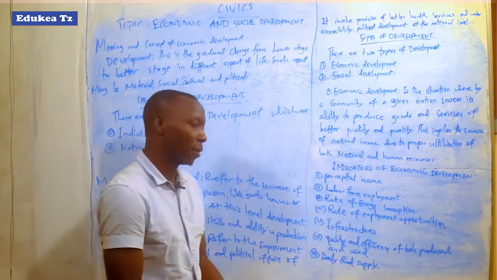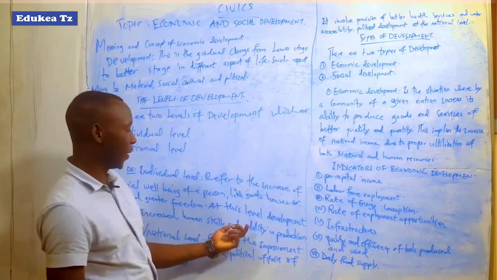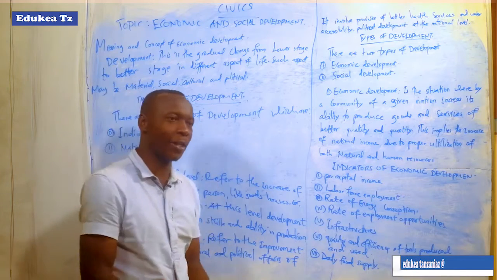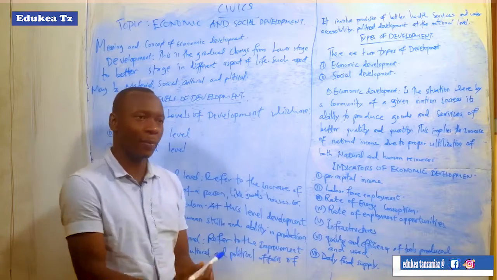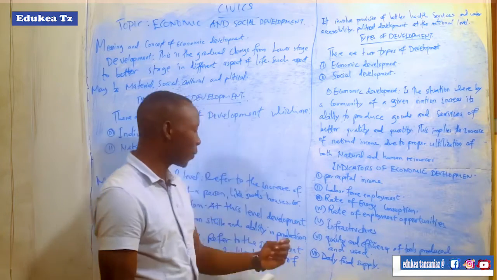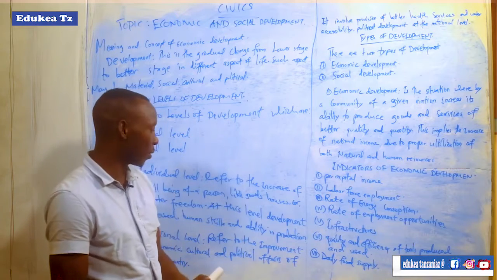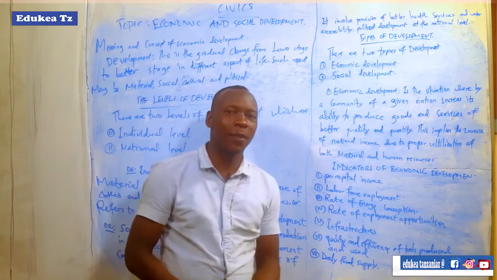In short, development at the individual level involves skills and the ability in production. When you increase the ability of making a production, the end product of production is development, because development is a product of human effort.